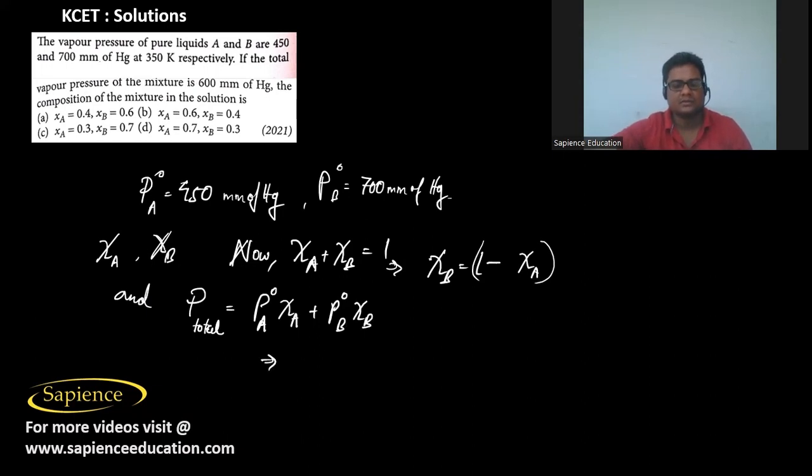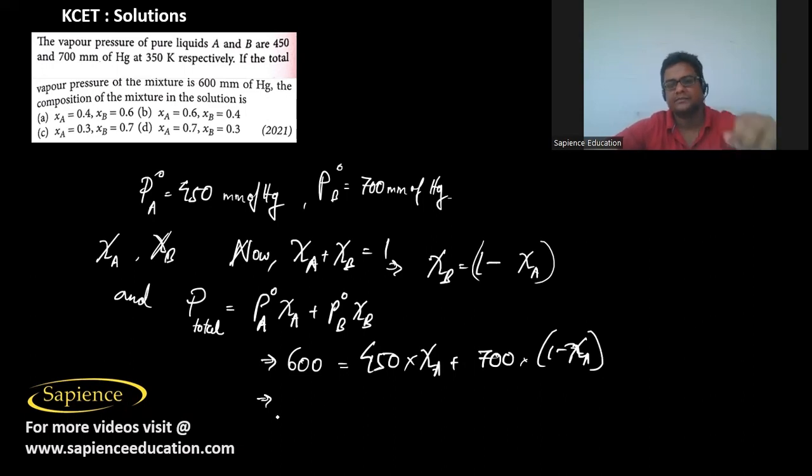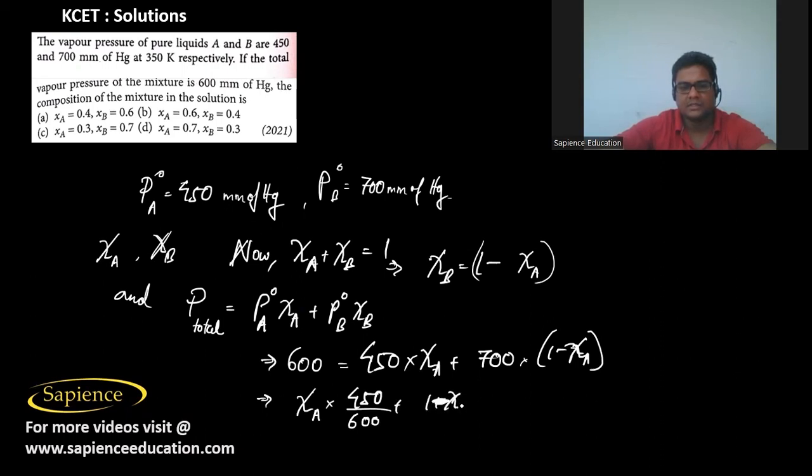Therefore, the total pressure of the mixture is 600 millimeter of Hg, and P naught A, that is 450, into chi A plus P naught B, that is 700, into 1 minus chi A. We have to find chi A. So chi A into 450 by 600 plus 1 minus chi A into 700 by 600 is equal to 1.